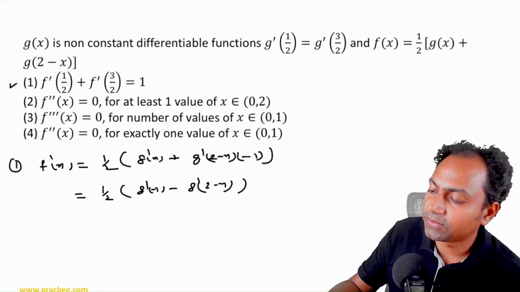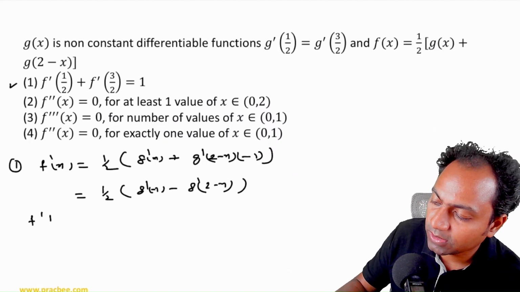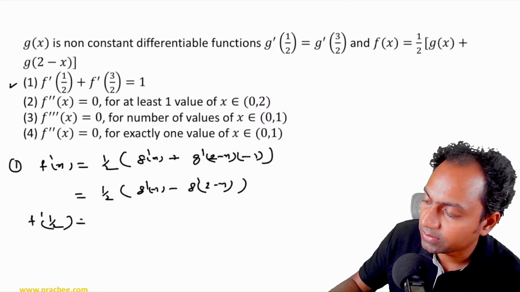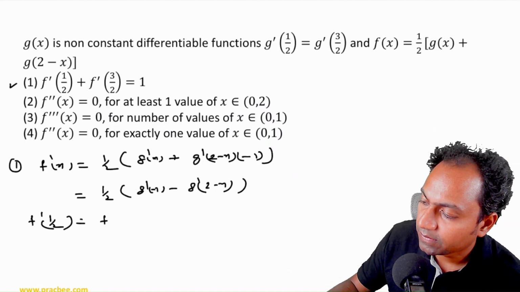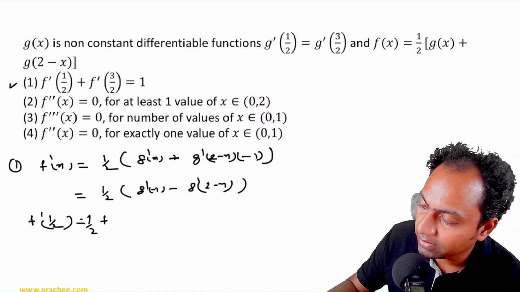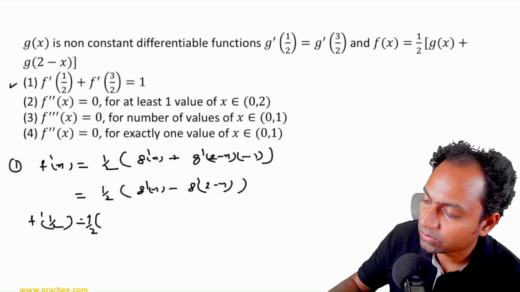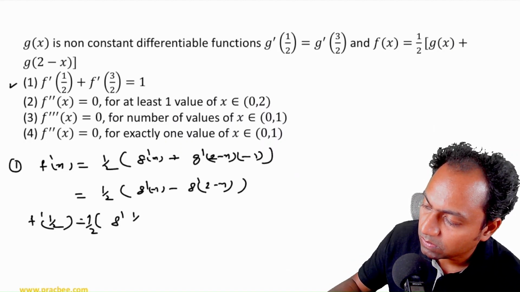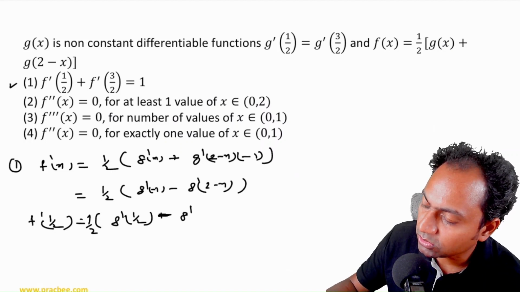For checking the first option, what we need to do is put here 1 by 2. Let us see what happens. If I put 1 by 2 here, what am I getting? This part would become nothing but 1 by 2 into g dash of 1 by 2 minus g dash of 2 minus 1 by 2, that is 3 by 2.